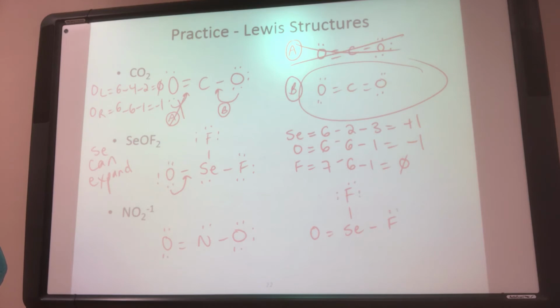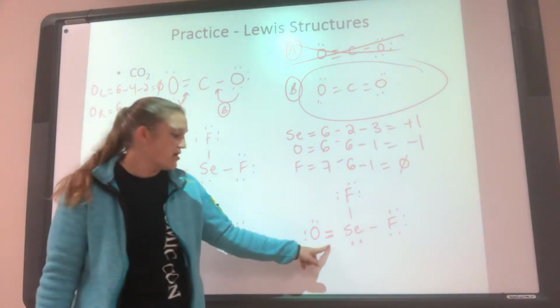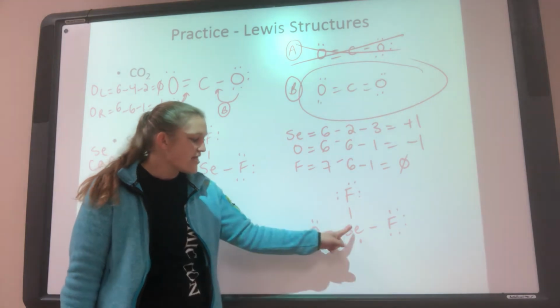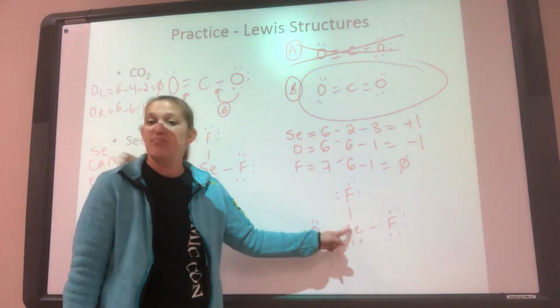So let's see what that looks like. The F's don't change. Se keeps those electrons, but now we have a double bond. This oxygen moved those electrons here to make the double bond. He still has 8: 1, 2, 3, 4, 5, 6, 7, 8. Now the Se has 2, 4, 6, 8, 10, but he could expand.